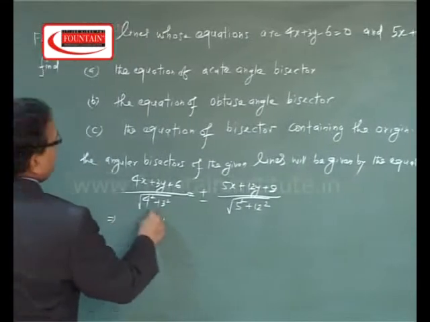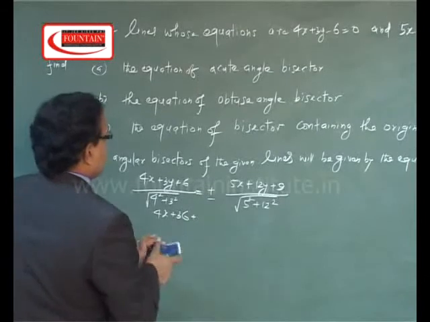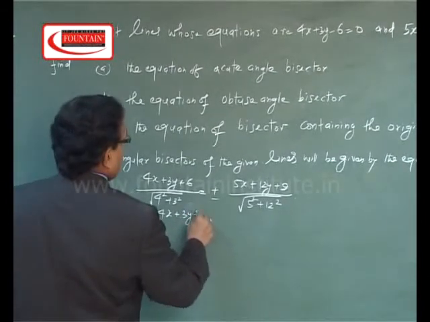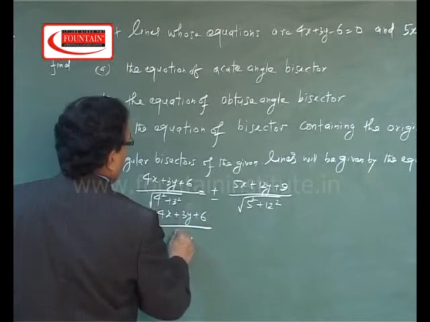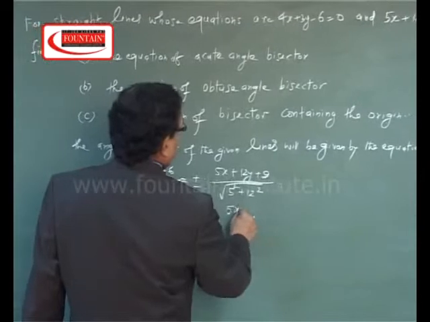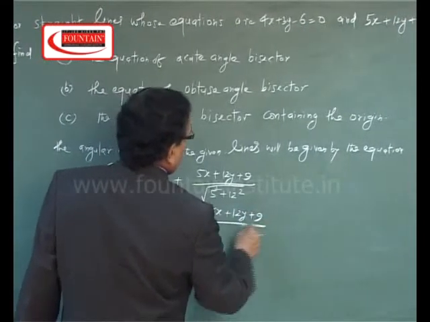On further simplification, we get 4x plus 3y minus 6 divided by 5 is equal to plus minus 5x plus 12y plus 9 divided by 13.